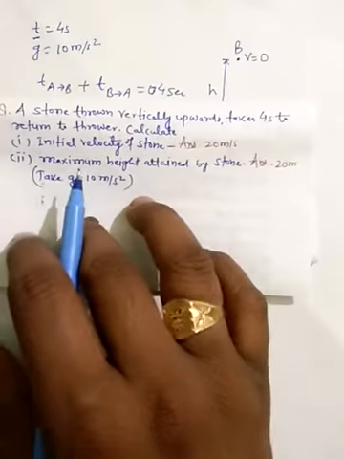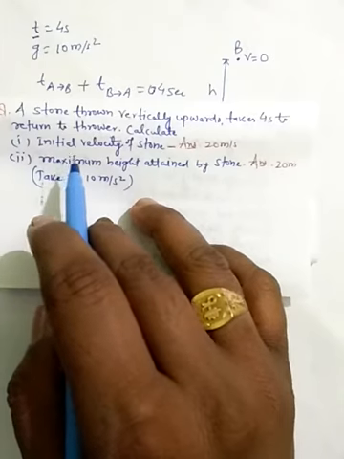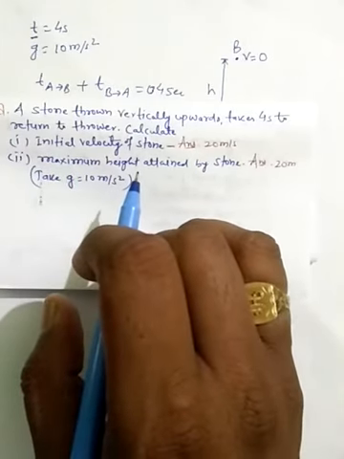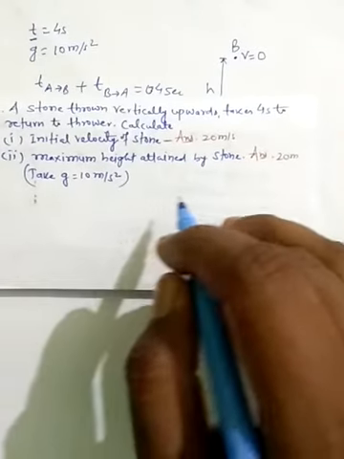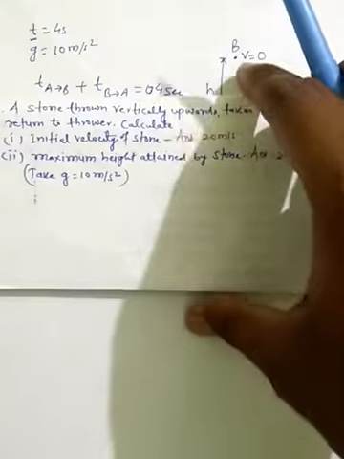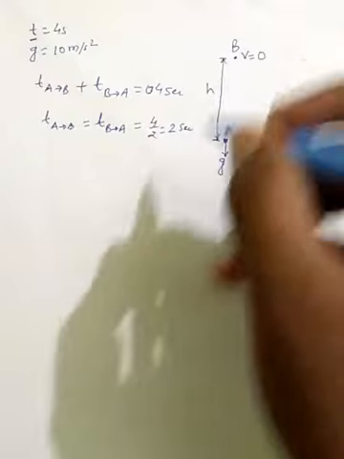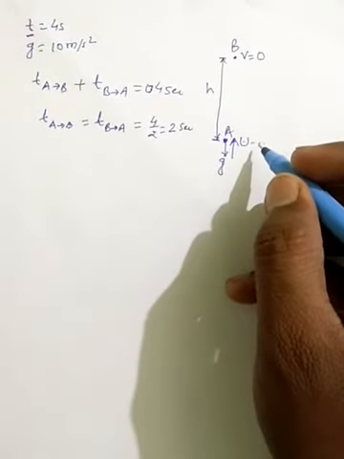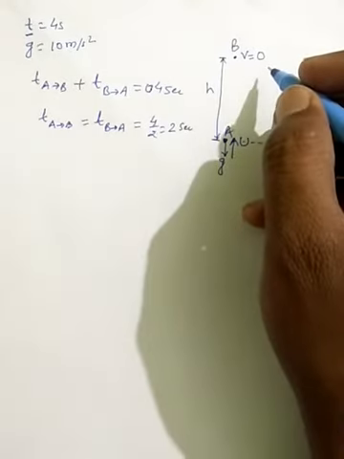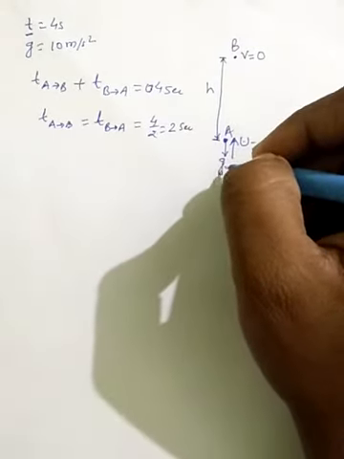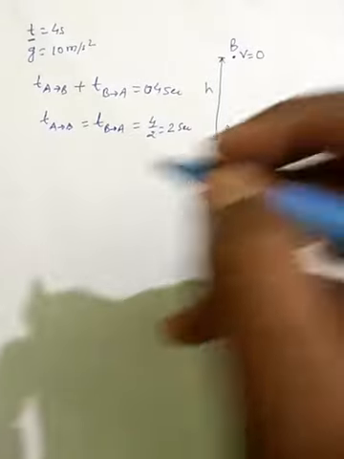Now we have to concentrate on the question. The first part asks us to find the initial velocity of the stone, and the second part the maximum height attained by the stone. For the first part, from this diagram it is clear that the initial velocity is u, the final velocity is v, and the acceleration due to gravity is g, which acts in the direction opposite to the initial velocity.